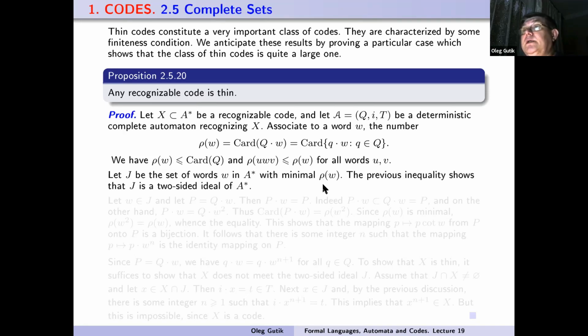The previous inequality shows that J is a two-sided ideal of the free monoid A star.